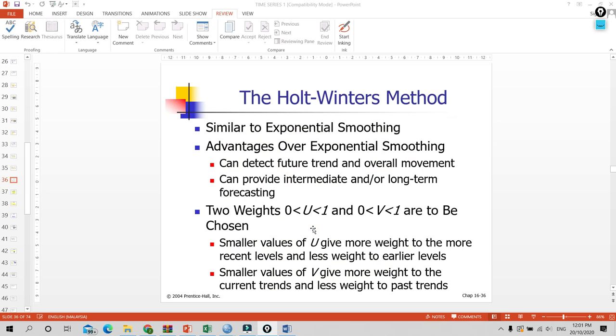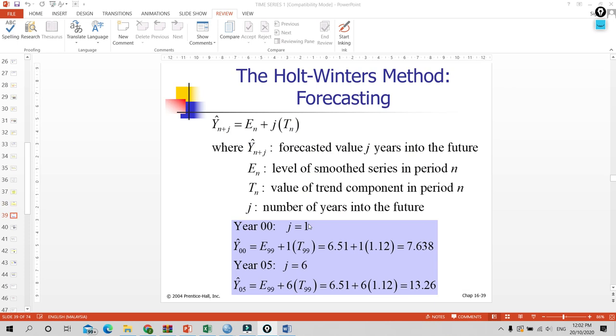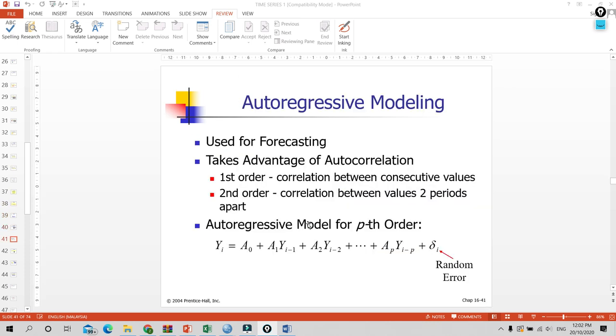Okay, I think that's all for today's lecture. I will prepare more videos. For the next lecture, I will show you how to find the trend line using the Holt-Winters method, and also the autoregressive modeling.